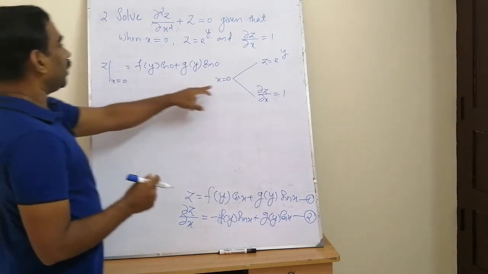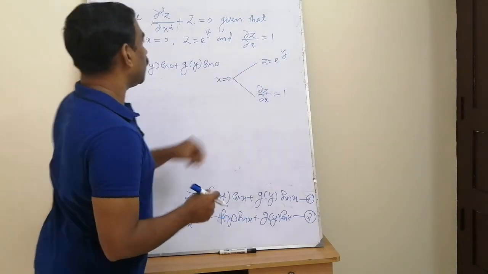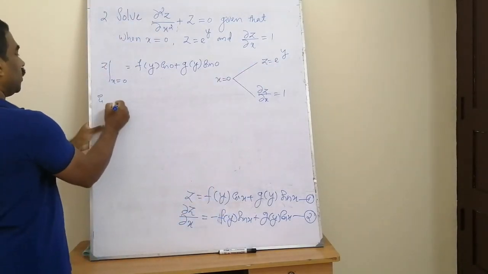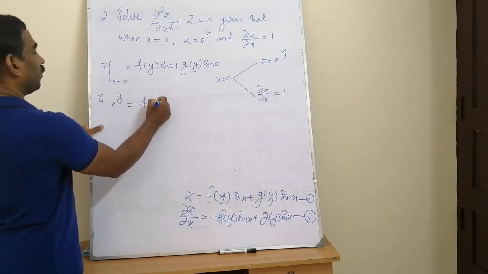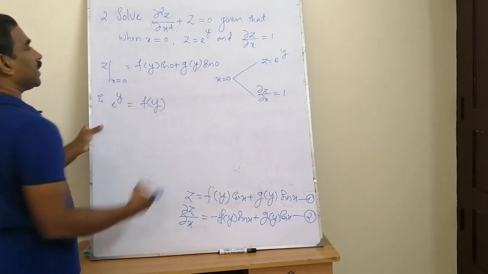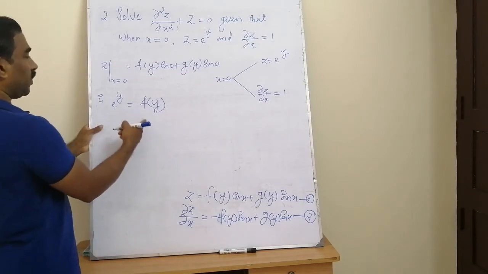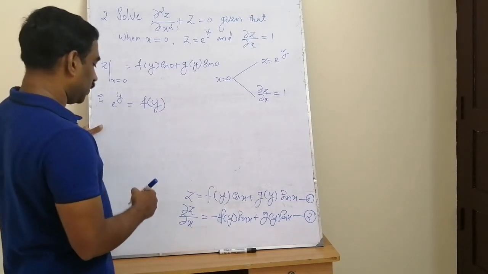According to the given condition, when x equal to 0, the value of z is e raised to y. That is, e raised to y is equal to f of y into cos 0, that means f of y, plus g of y into sin 0, that is 0. So we have the value of the first arbitrary function, f of y equal to e raised to y.